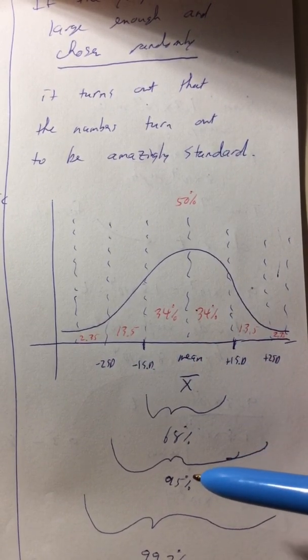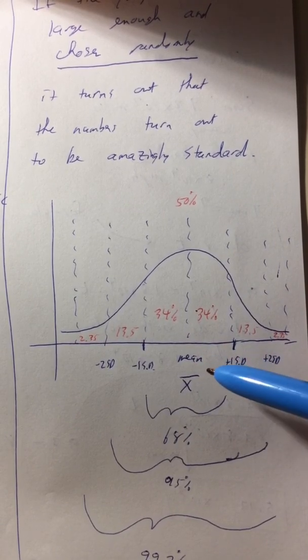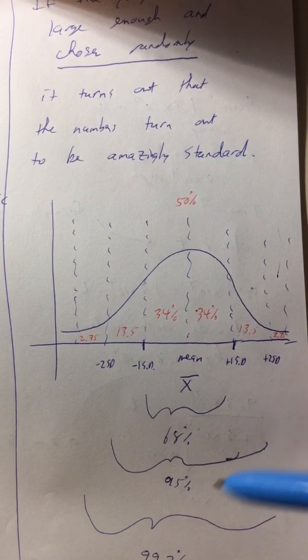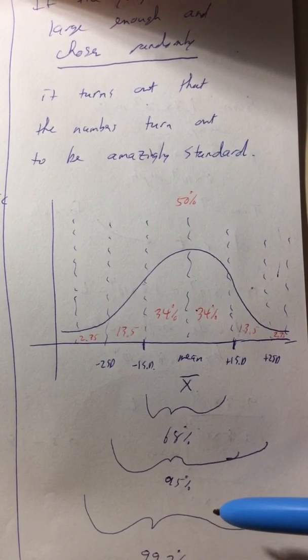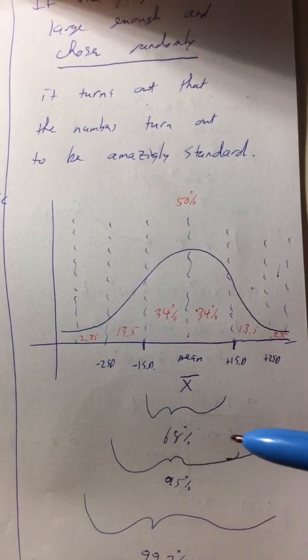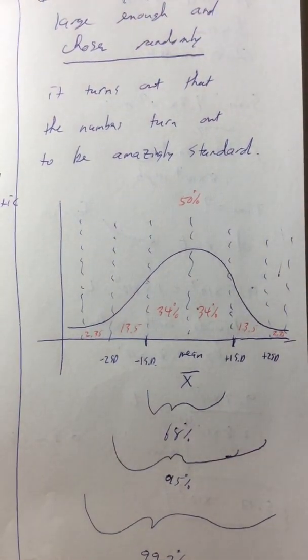So 95% of the girls are 5'4", +4 inches, -4 inches. So between 5'0" and 5'8", 95% of the girls fit in there. So that means 2.5% are over here and 2.5% are over here. So a very small percentage of girls are very tall or very short.